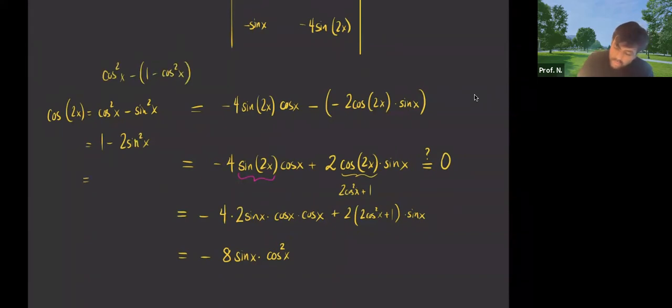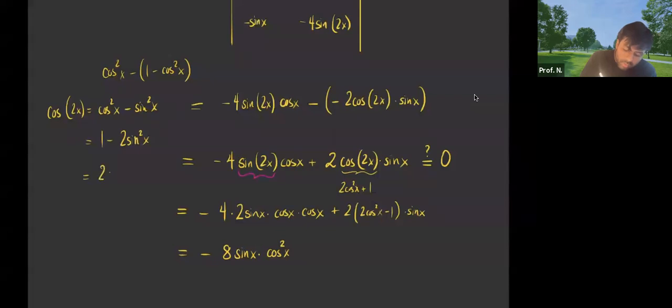So yeah, this should be minus 1. It should be 2 cosine squared x minus 1. So that's the one. And this becomes plus 4 cosine squared x minus 2 sine of x.